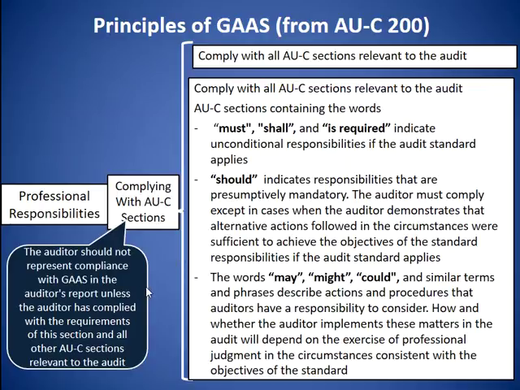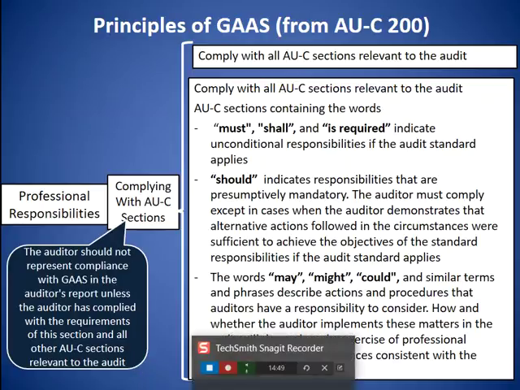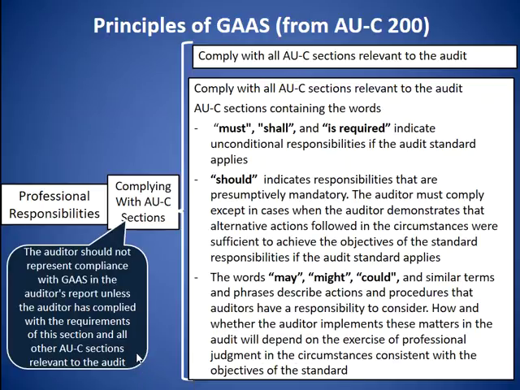The clarified standards also say that the auditor should not represent compliance with generally accepted auditing standards in the auditor's report unless the auditor has complied with the requirements of this section and all other AUC sections relevant to the audit. So in effect, we can't say we complied unless we complied with all the sections relevant to the audit.